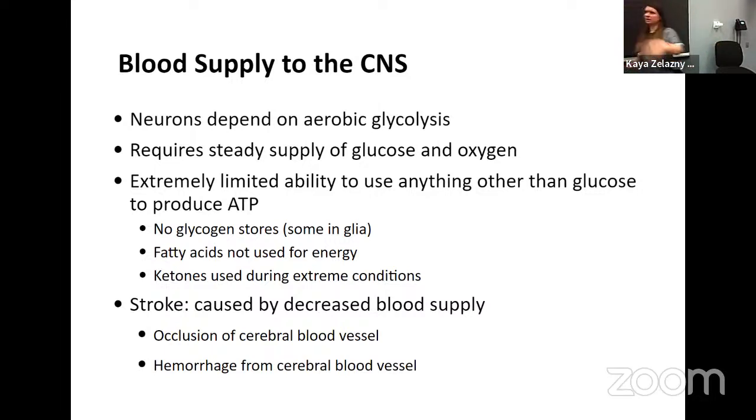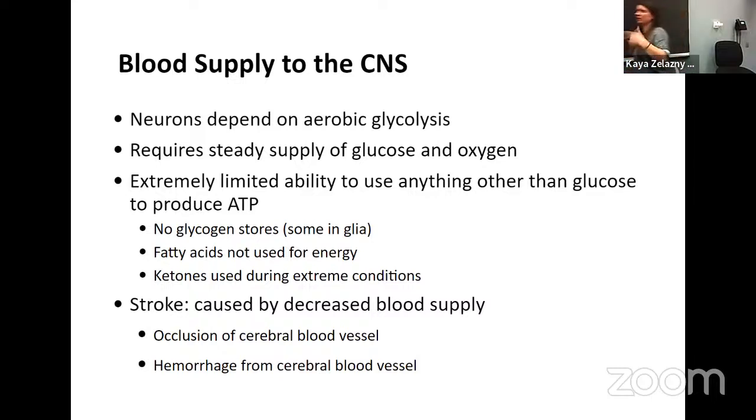But you really need glucose in order to get your nervous system, your neurons firing appropriately, getting the ATP they need to fire off those action potentials, okay, and maintain that resting membrane potential between your action potentials, specifically. So if you decrease blood supply to the central nervous system, and specifically to the brain, that is a huge problem because now you don't have oxygen and now you don't have glucose.